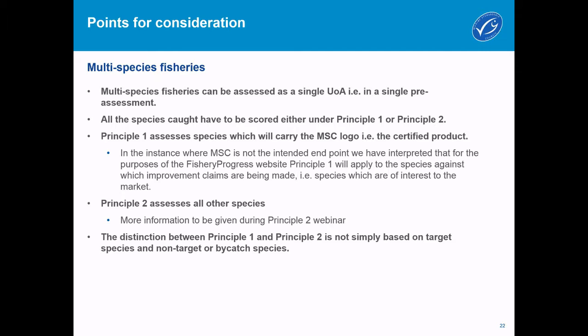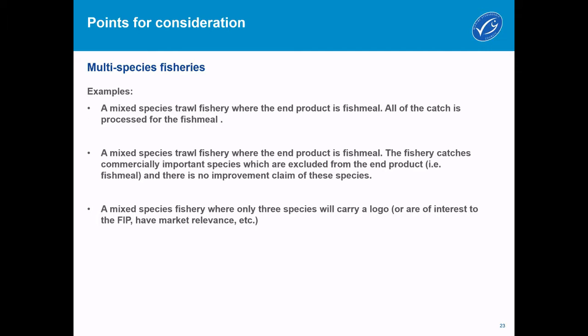So if you're a multi-species fishery and all the species that are caught end up in, for example, a fish meal product, and the claim is for that fish meal product or for that fishery as a whole, then all the species that are caught that end up in that product have to be looked at under Principle 1. But I've got a few scenarios that might help clarify that slightly.